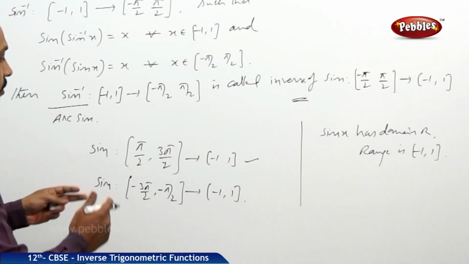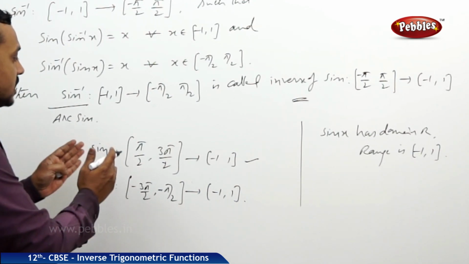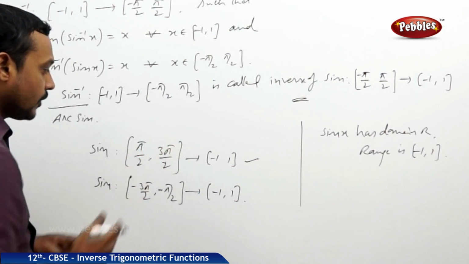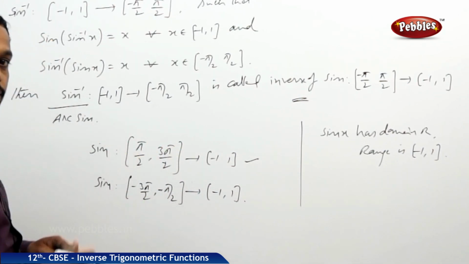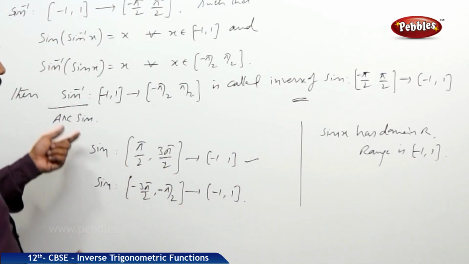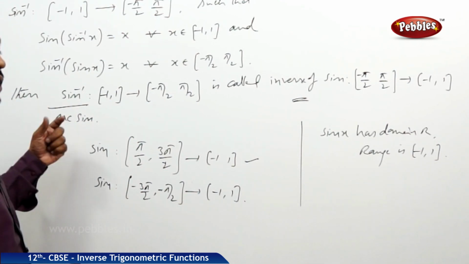So similarly, whenever the interval considered is from minus pi by 2 to pi by 2, or pi by 2 to 3 pi by 2, or 3 pi by 2 to 5 pi by 2, or some negative intervals, minus 3 pi by 2 to minus pi by 2, minus 5 pi by 2 to minus 3 pi by 2, etc., then in those intervals also sine is one-one and onto. Hence the inverse function is defined.